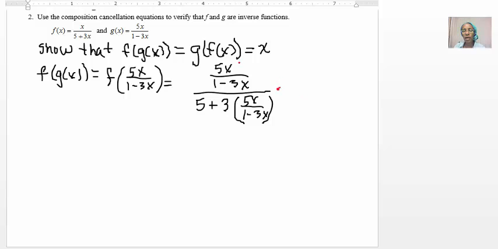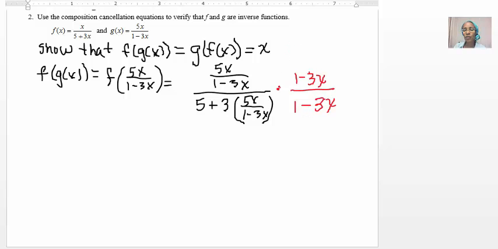And I have a minor fraction in the numerator and a minor fraction in the denominator. And they happen to be the same fractions. So I'm going to multiply the numerator and the denominator by the denominator of this minor fraction that appears twice in the expression.